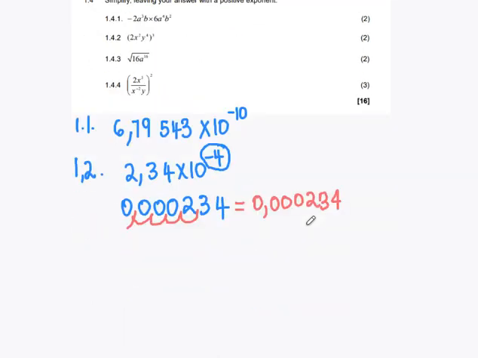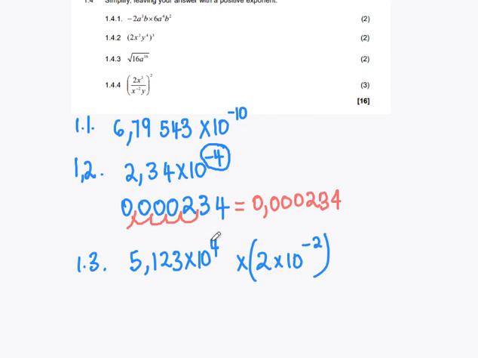So now let's look at 1.3. We need to simplify 5.123 times 10 to the power 4 times 2 times 10 to the power negative 2. Right, so we first multiply the front numbers.